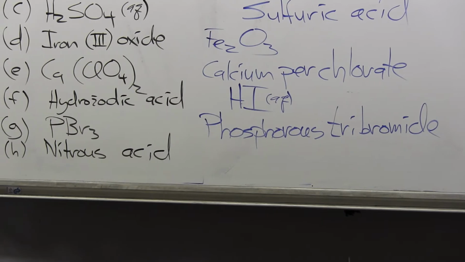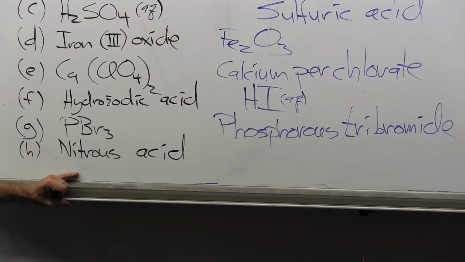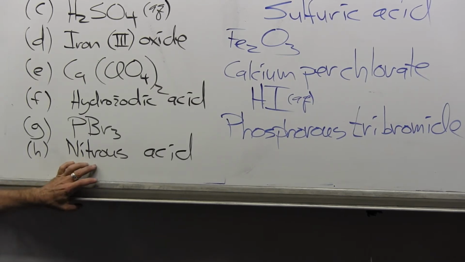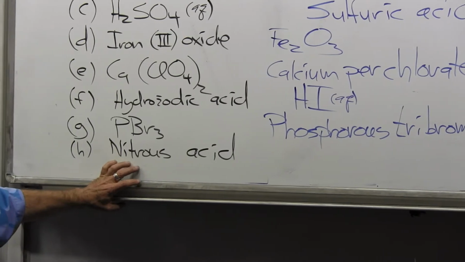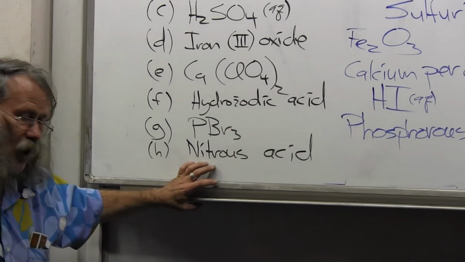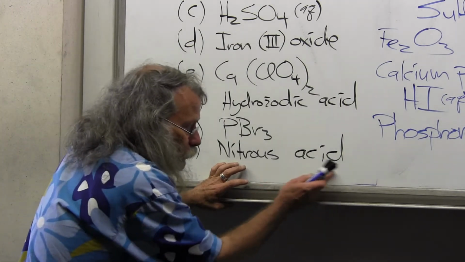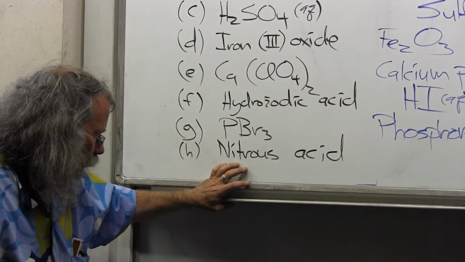And now we're to another acid, nitrous acid. And so it's given, this is an oxyanion, and it's obviously got hydrogen as its cation, but it's in water, so we're going to call it an acid.